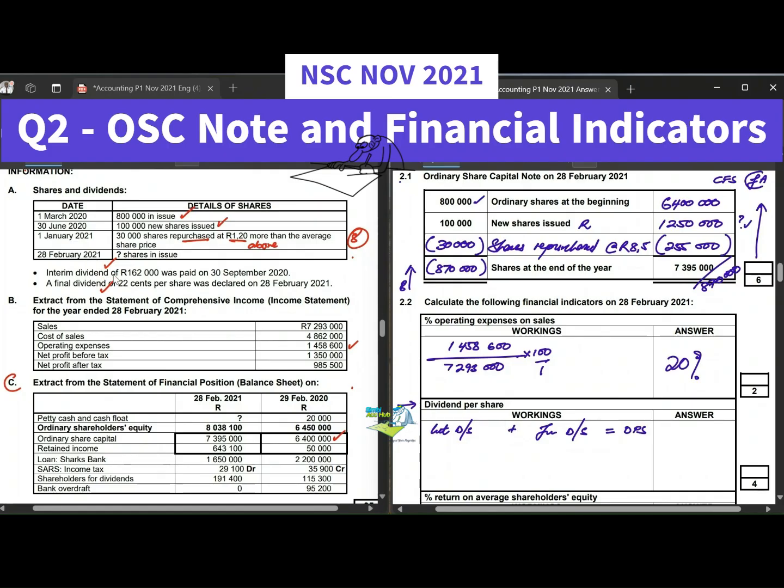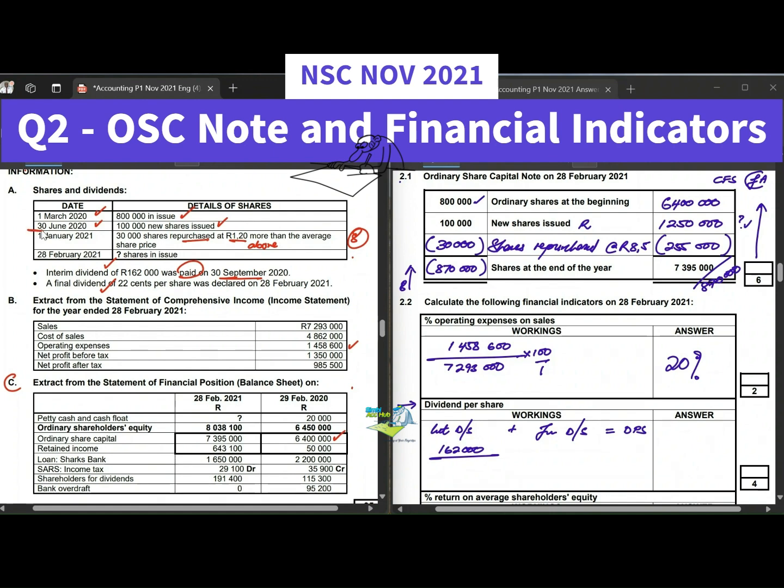Now, I'm not given my interim dividend per share, I'm given the interim dividend that was paid. So I can take the interim dividend which was paid, which is 162,000. Then I divide that by the number of shares that were in issue on 30 September. How many shares were there? On 1 March, we had 800,000. On 30 June, we issued 100,000 new shares.